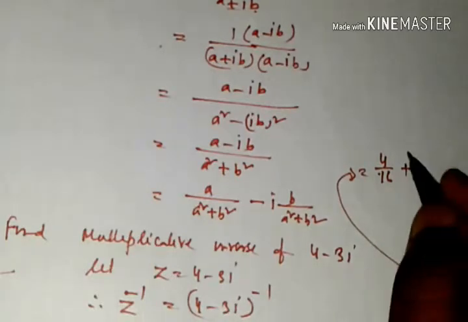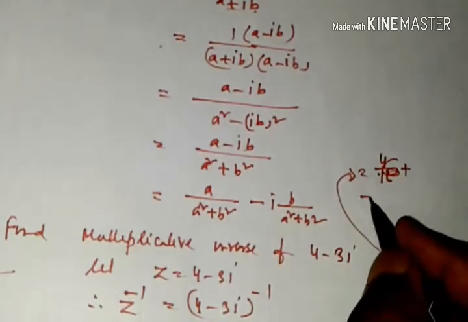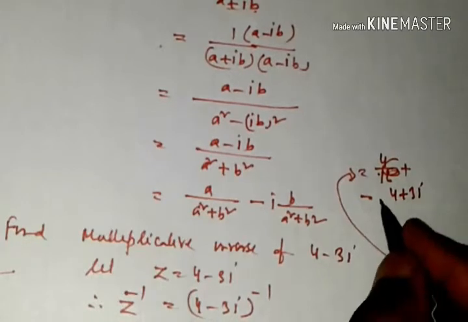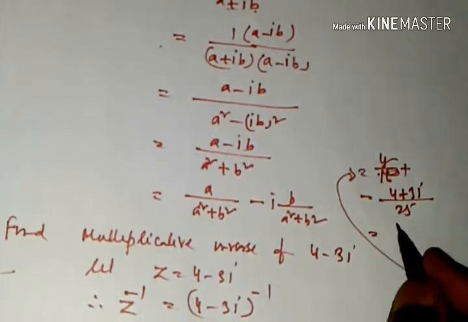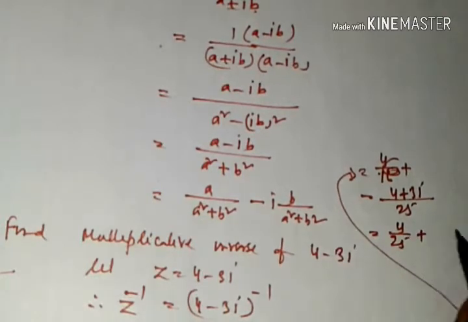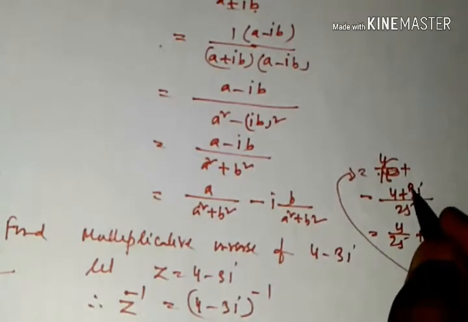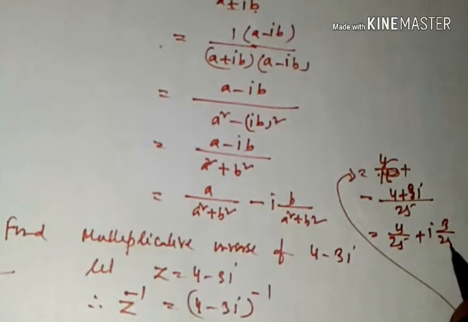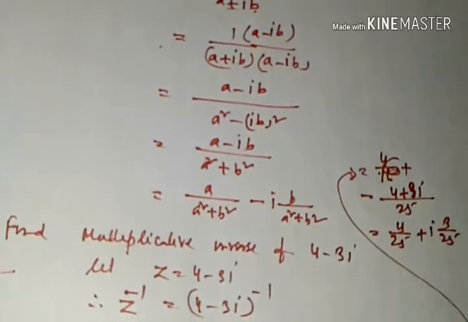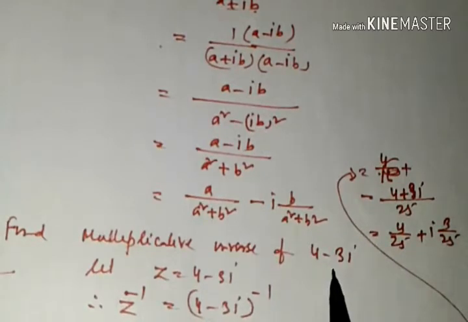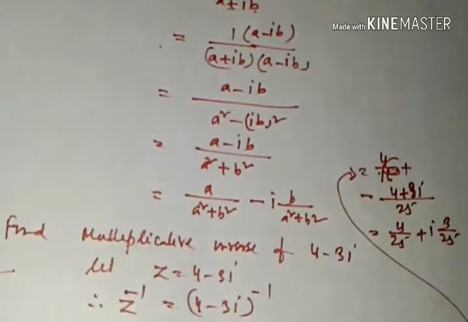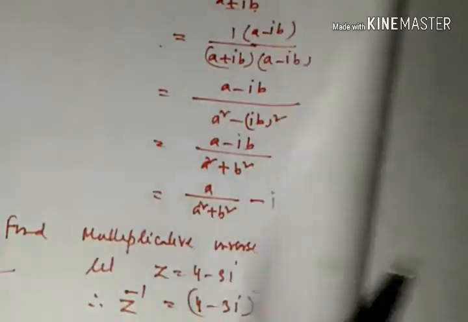It is 4 plus 3i divided by 25. And we can write it as 4 by 25 plus i 3 by 25. This is the multiplicative inverse of 4 minus 3i.